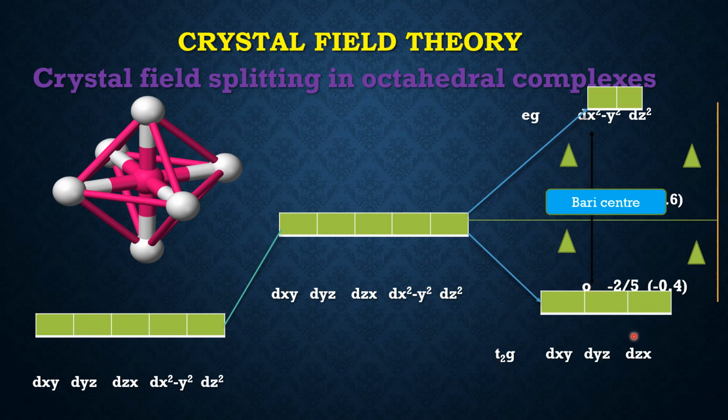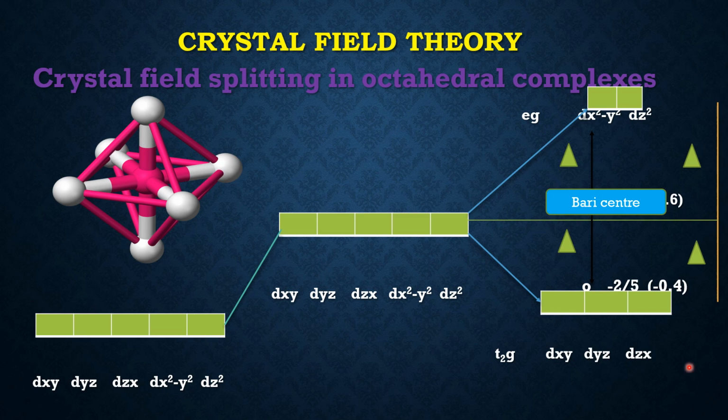Now the total splitting will happen. Now we are going to identify how many splittings will occur. So this is the d orbital approach to a complex formation. This orbital is taken as the center.